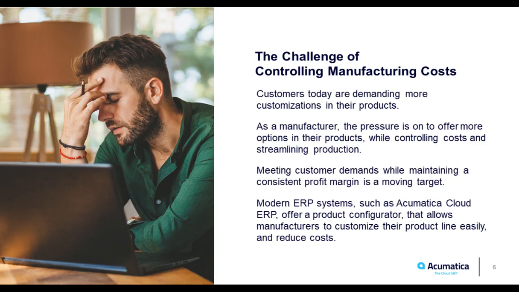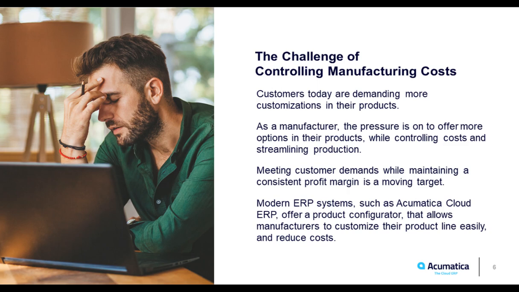So some of the things that we're seeing in the industry, some of the challenges that the manufacturers that we talk to are facing. A while back, not that long ago, and even now, some companies, they basically just made to stock. They would have runs that they just continue to make things to stock and sell out of stock. The market has changed. A lot of customers are demanding more customizations or configurations to their products.